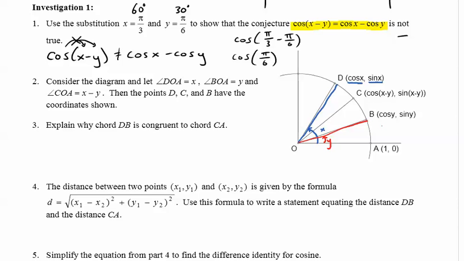Same thing for the red one. The x-coordinate is cosine, and the y-coordinate is sine. Now I've also drawn a third point, C, which is just the angle x, and then I've gone back down by y degrees. So C isn't necessarily halfway between D and B. If angle B is really, really small, then C would be really close to D.